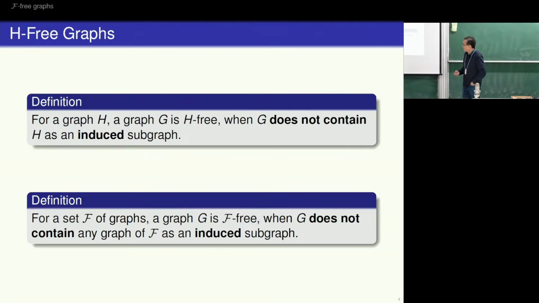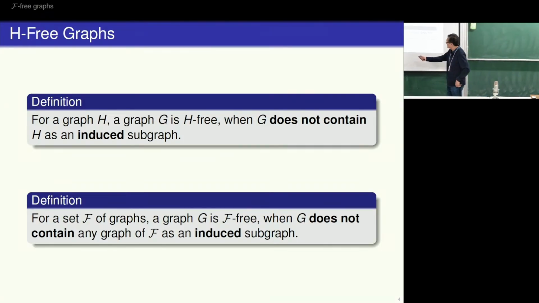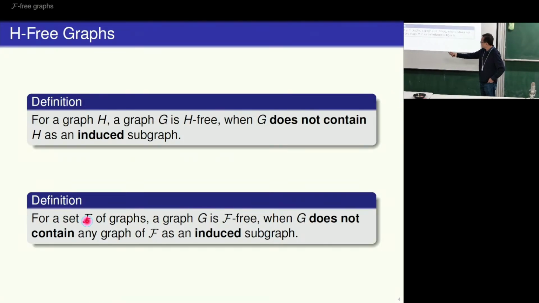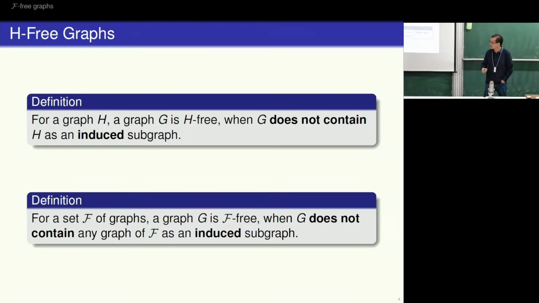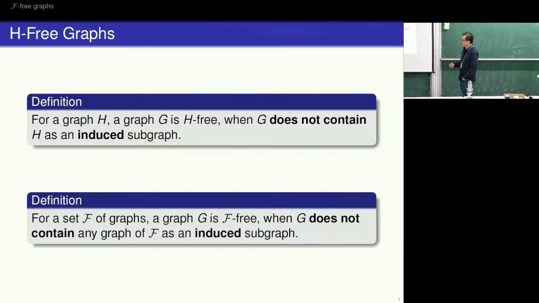Then you can lengthen the list of forbidden subgraphs by defining a set F of graphs. We say that the graph G is F-free if G does not contain any graph of F as an induced subgraph.